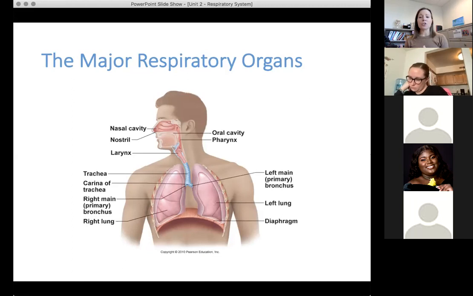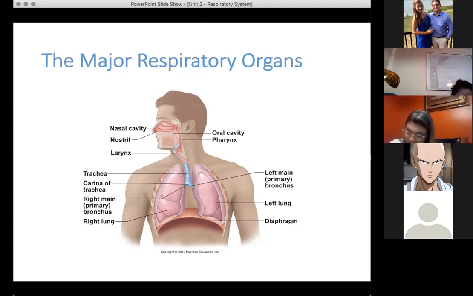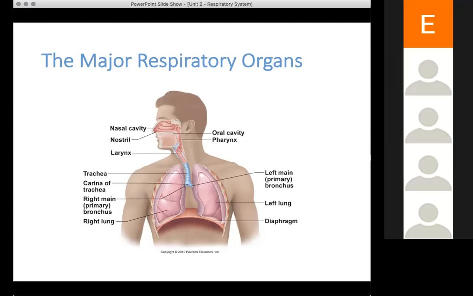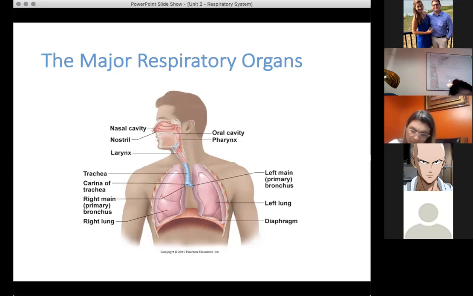So any structure that's involved in moving air. And the respiratory division includes all regions where gas exchange occurs.